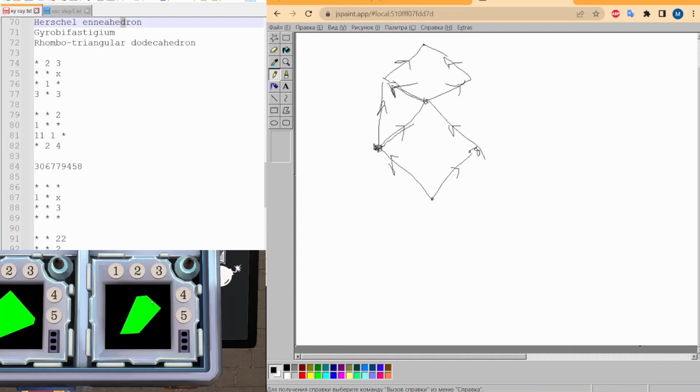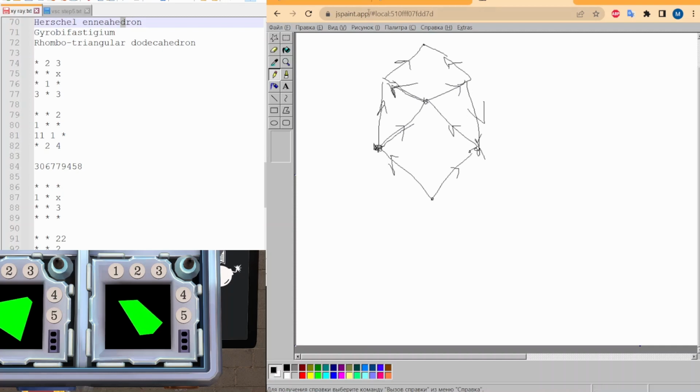We can confirm the same thing for the right one. Yeah, from here it went here and here, and this one turned back here and formed a triangle. Obviously these are not the correct directions, because on the module they are a bit different, but I'm just drawing it here so we can have a layout.